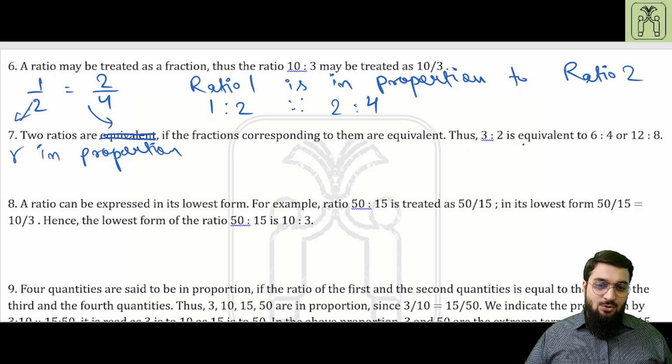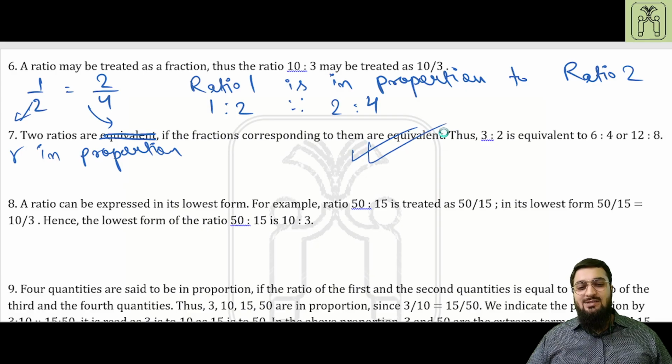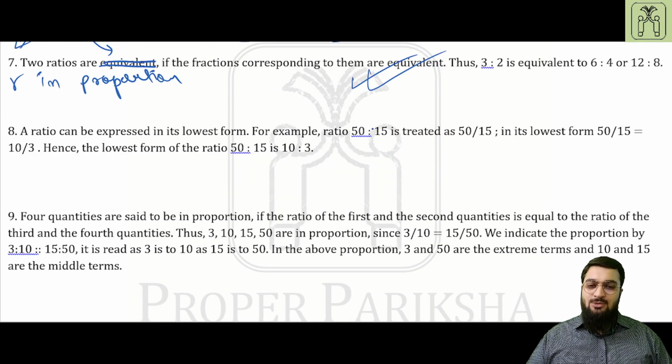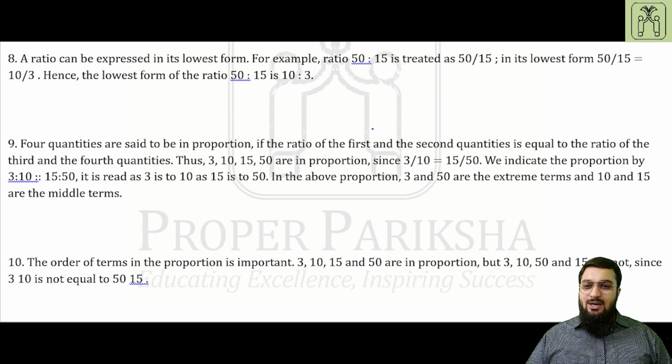Thus 3 is to 2 is equivalent to 6 is to 4, 12 is to 8. The same point is explained over here. Point number 6 is explained in point number 7. Point number 8. A ratio can be expressed in its lowest form. For example, ratio 50 is to 15, treated as 50 upon 15, lowest form 50 upon 15 is equal to 10 upon 3, and so on.